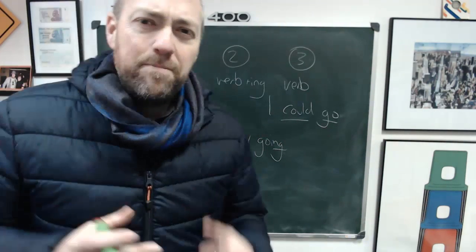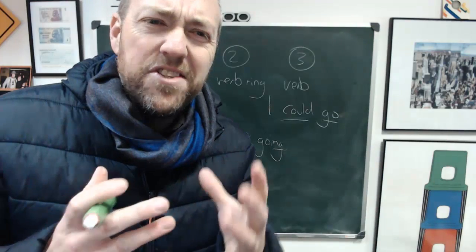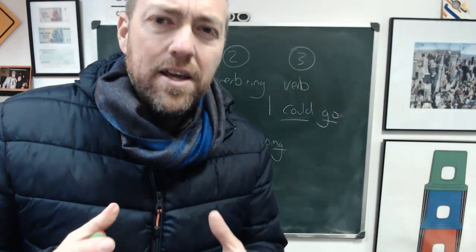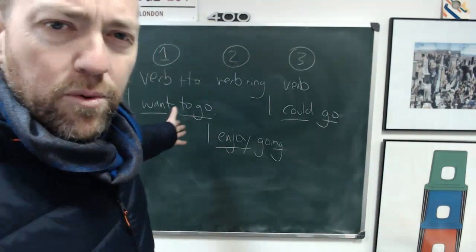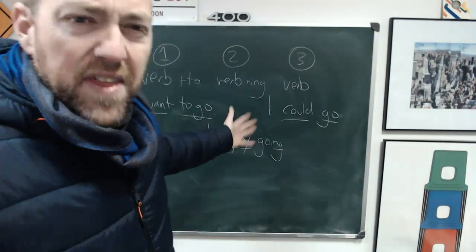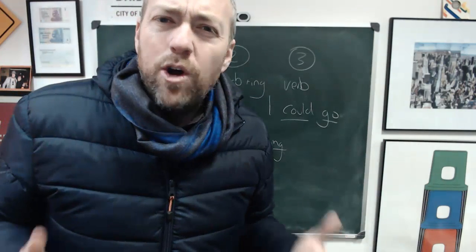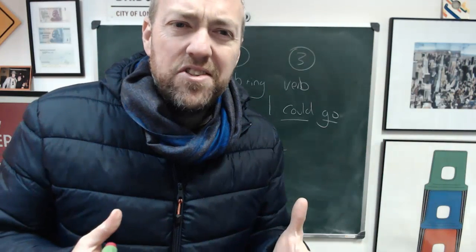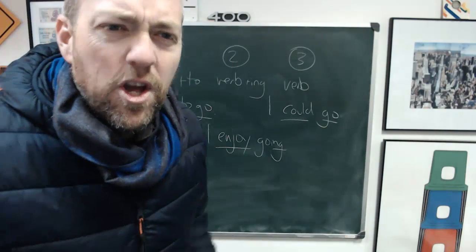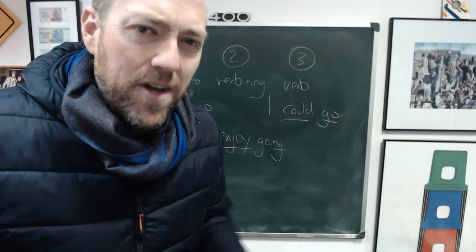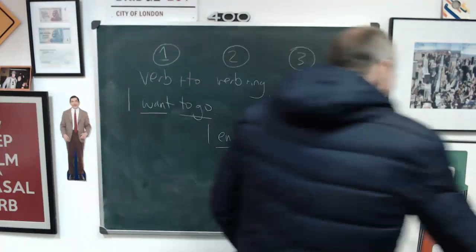Okay, but what is the difference really between a verb with to and a verb with ing? Like, why do we have this strange categories of verbs? Why does it exist? Okay, let me explain.